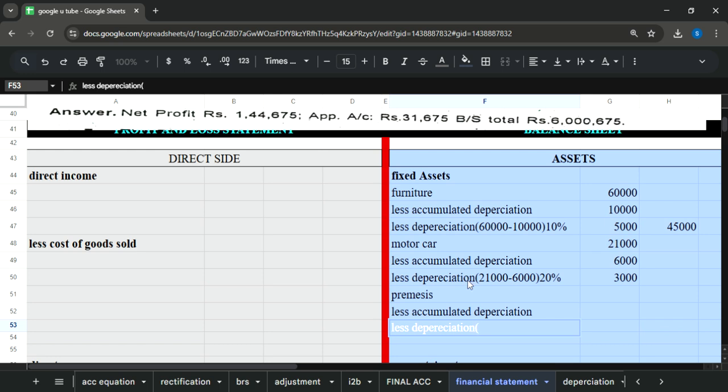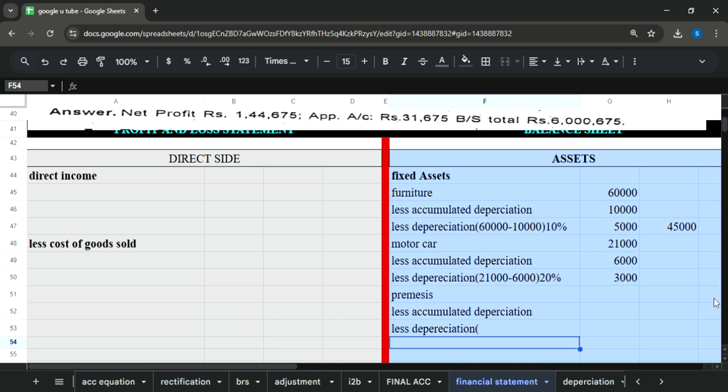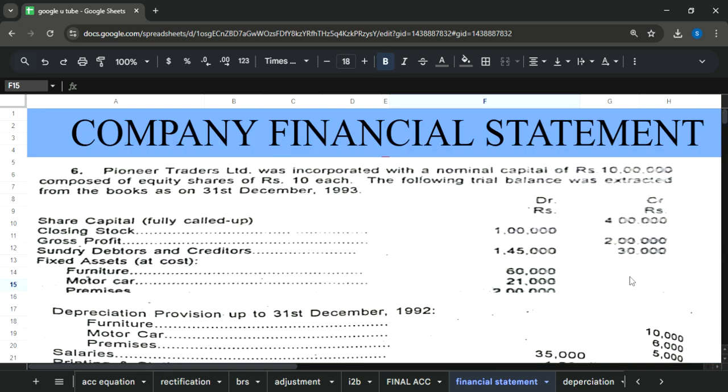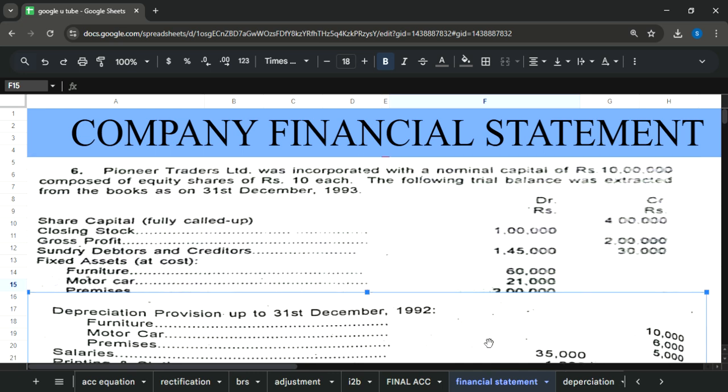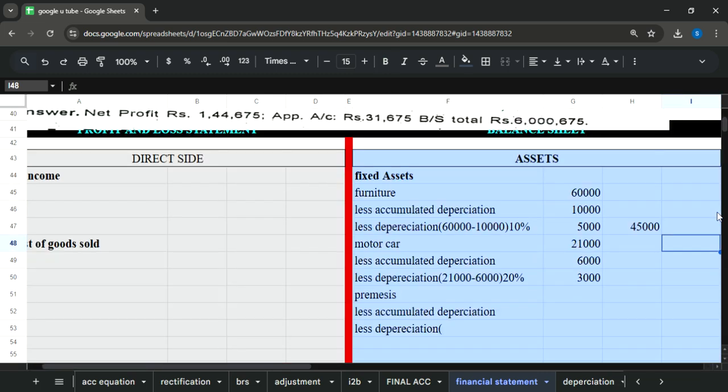Okay, so here we will start with the value of premises. Look at here number 3. Here premises is written, the amount is 2 lakh. So we will be posting 2 lakh in front of premises.